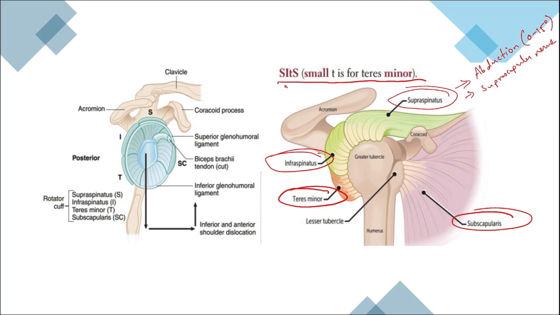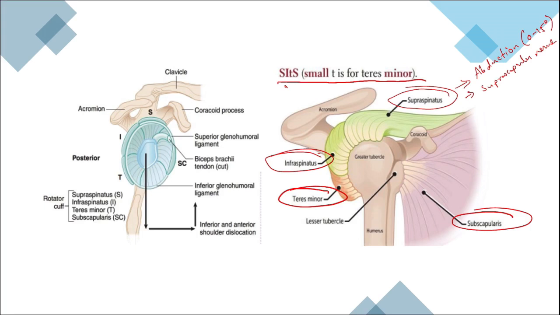The range of motion is abduction, 0 to 15 degrees, and it's innervated by the suprascapular nerve. It abducts the arm initially, before the action of the deltoid. That means before the deltoid muscle takes over, this supraspinatus will take the action.